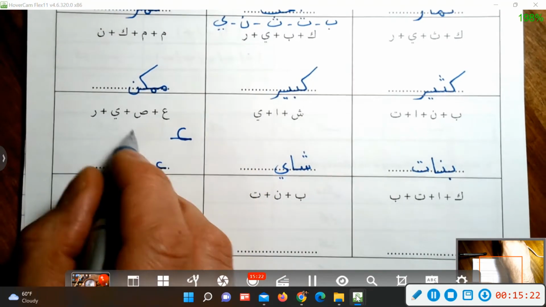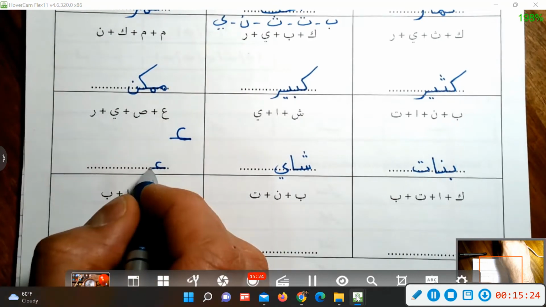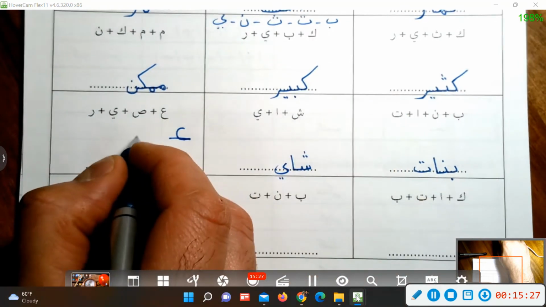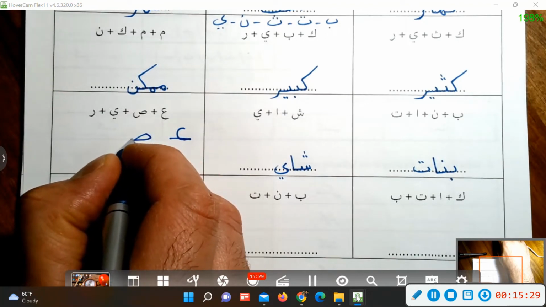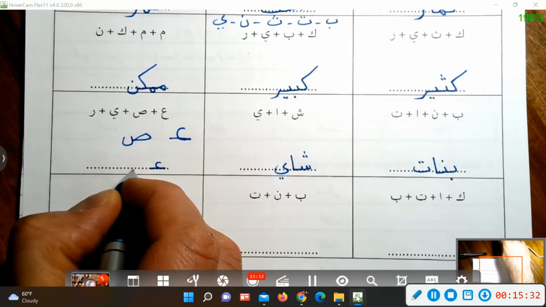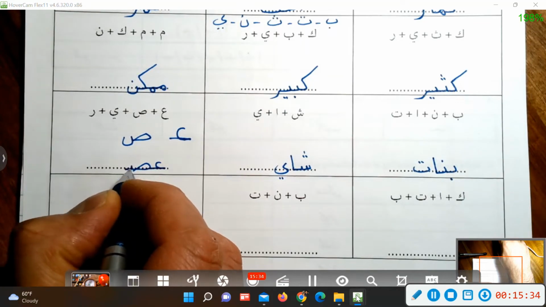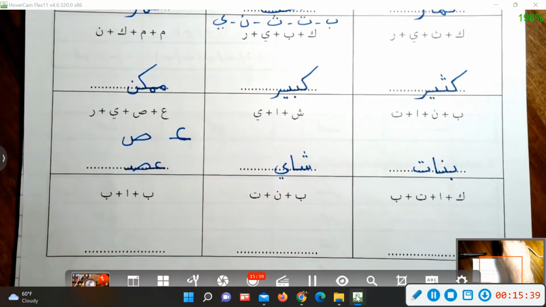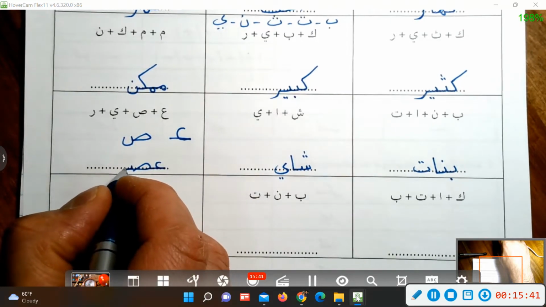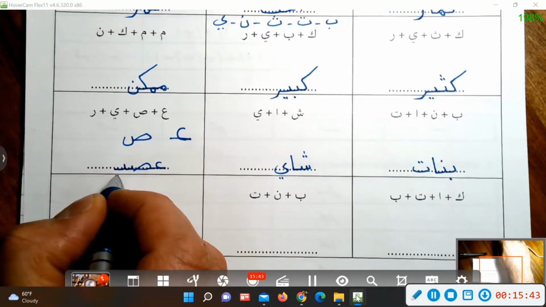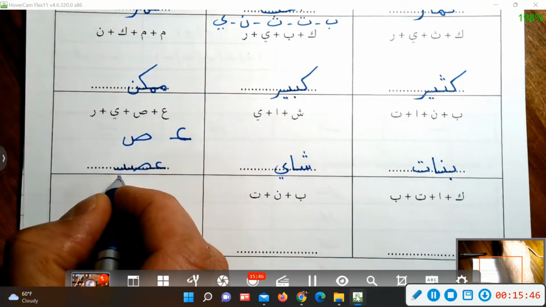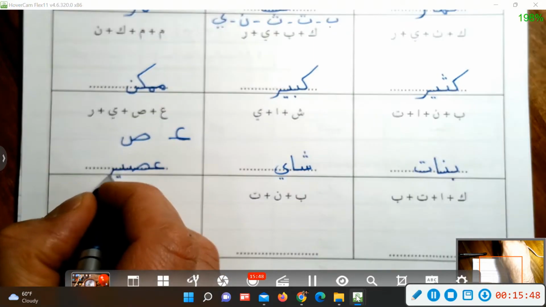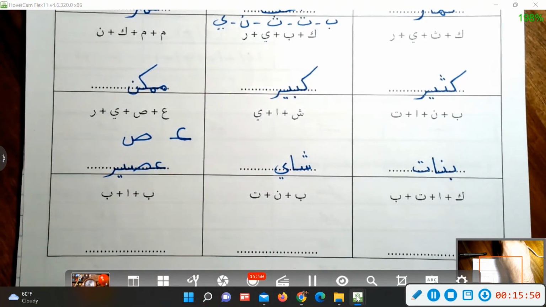So ain, we don't keep the tail. Sad is like this. So we write it like this. We give it a tooth, but we don't write the tail. The ya, we give a little bit bigger tooth for the ya, and then the ra. This is asir. Asir, juice.